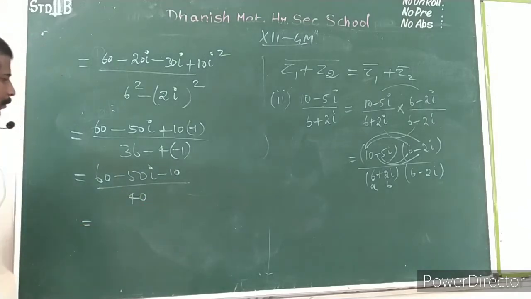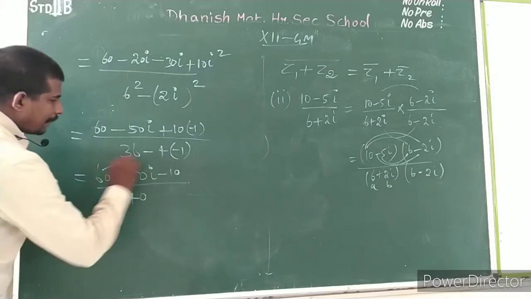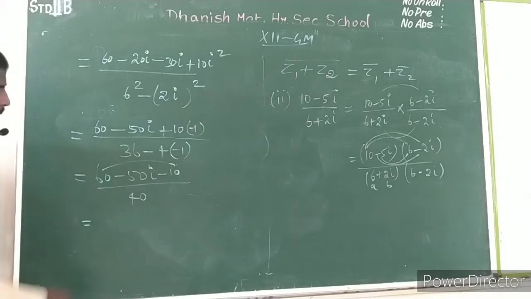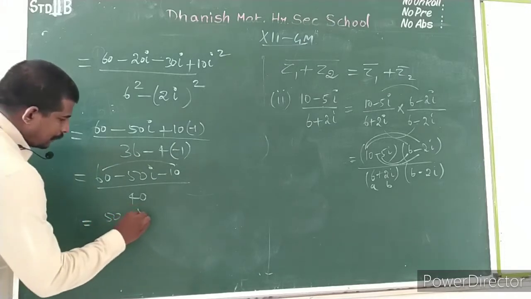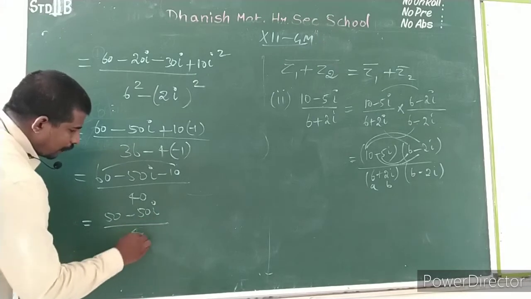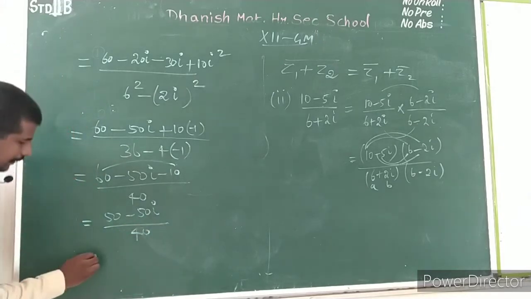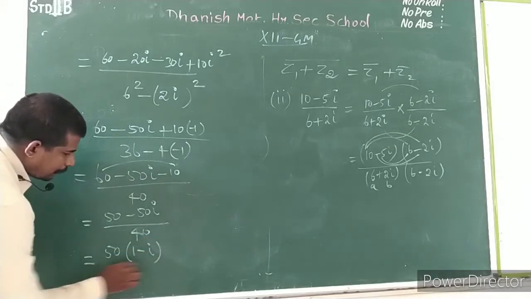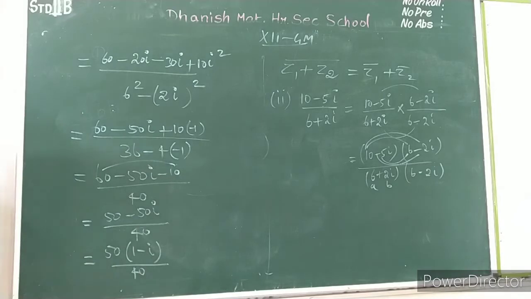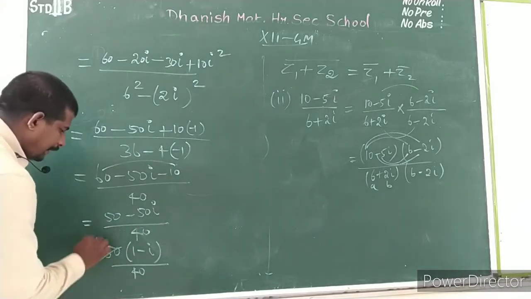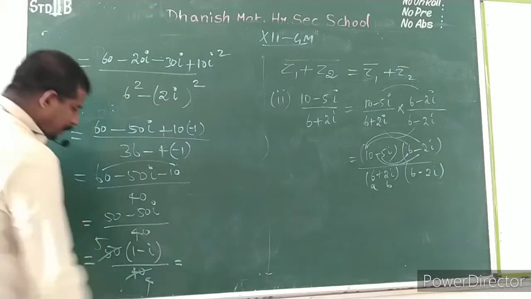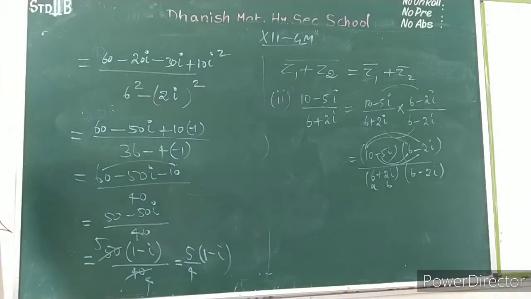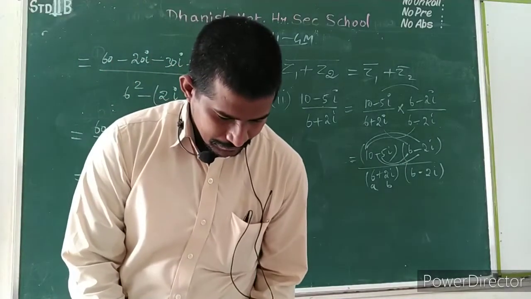Now the next step would be 60 minus 10, here we are having two real terms, so we are going to subtract, 60 minus 10, that is 50, minus 50i divided by 40. From the numerator, we can take 50 as a common factor. So 50 into (1 minus i) divided by 40, 5 times 10 and 4 times 10. So this is equal to 5 by 4 into (1 minus i), which is the required answer.